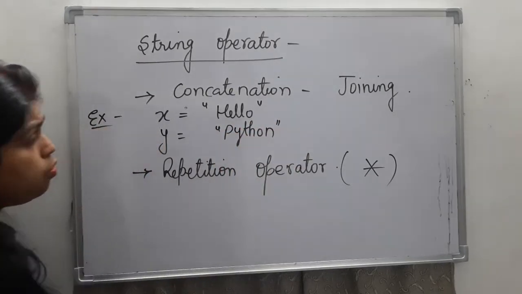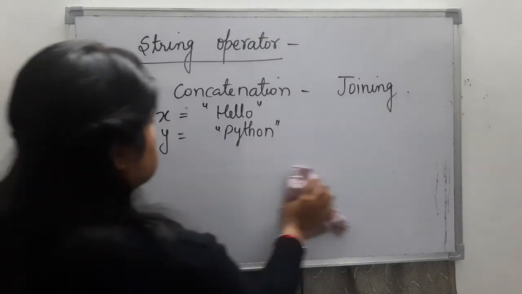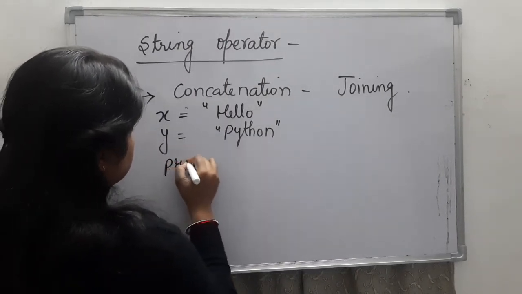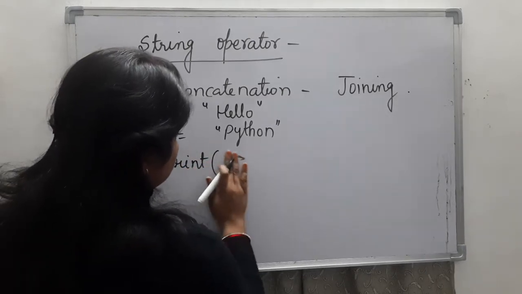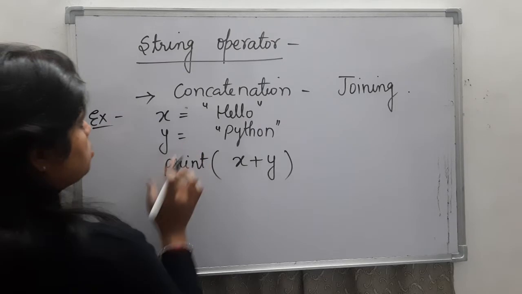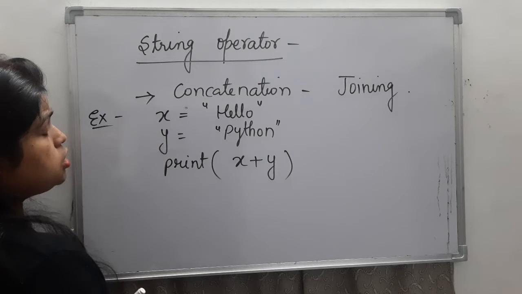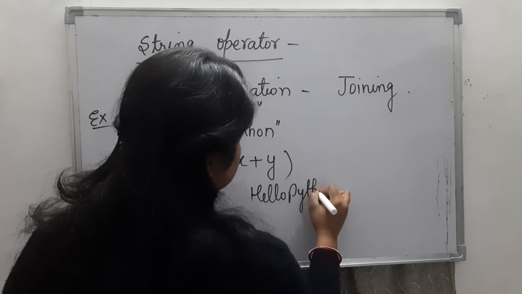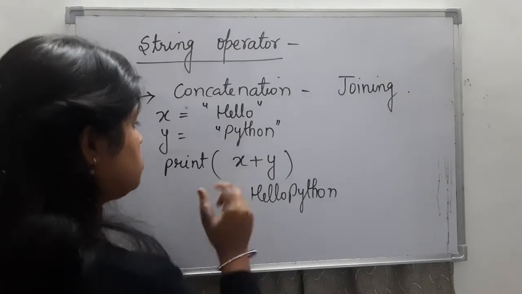If you want to concatenate both strings, both groups of text, you can simply use the plus operator: x plus y. The value of x is hello and y's value is Python, so the output will be hello Python. Here no space will be shown because we have not used any space between them.